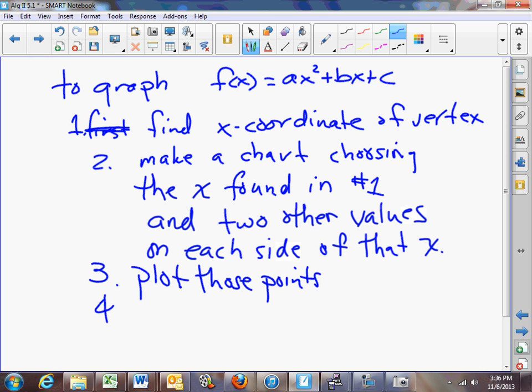And 4, connect them with a smooth curve.